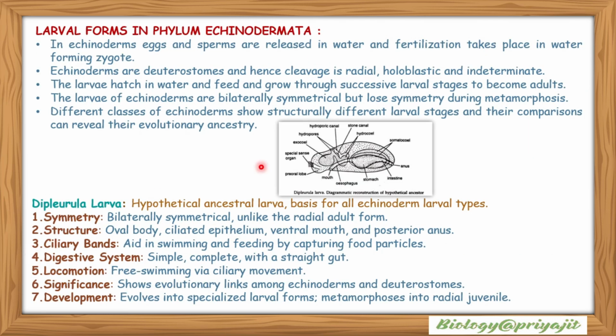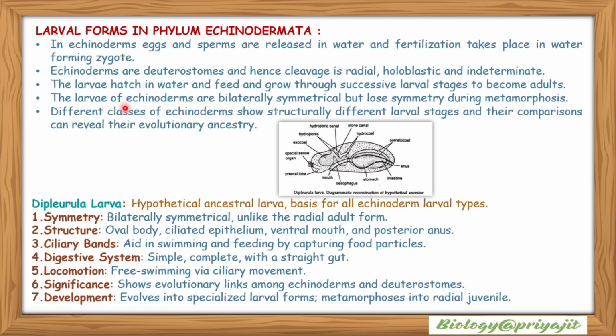So, larval forms in phylum Echinodermata. In echinoderms, eggs and sperm are released in water and fertilization takes place in water, forming a zygote. Echinoderms are deuterostomes and hence their cleavage is radial, holoblastic and indeterminate.